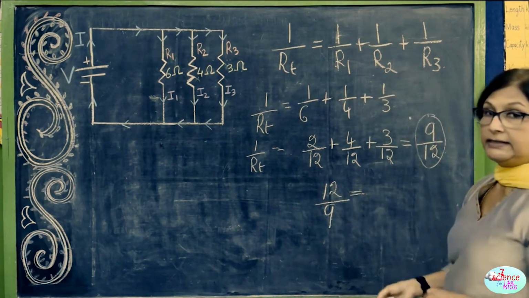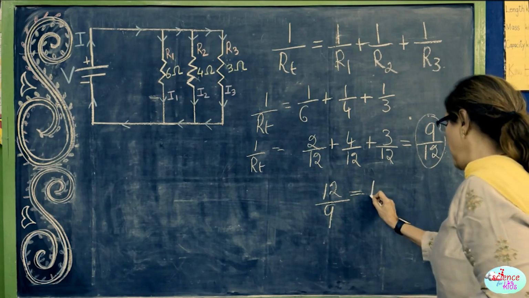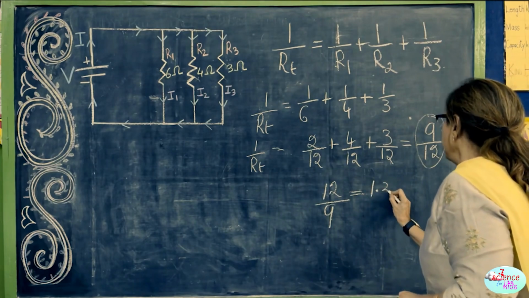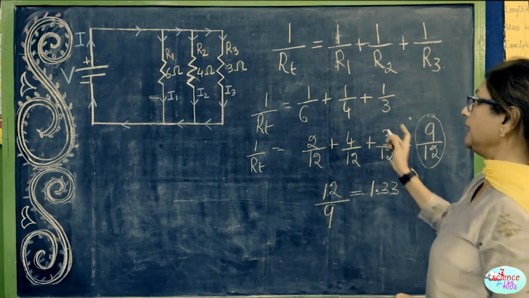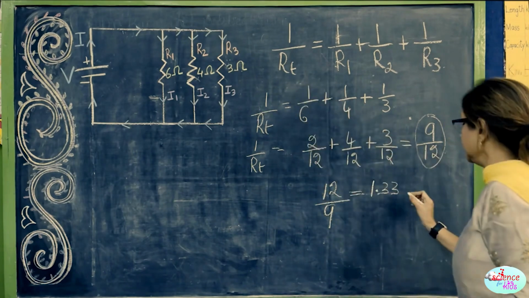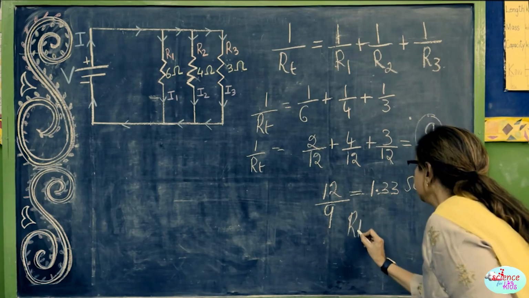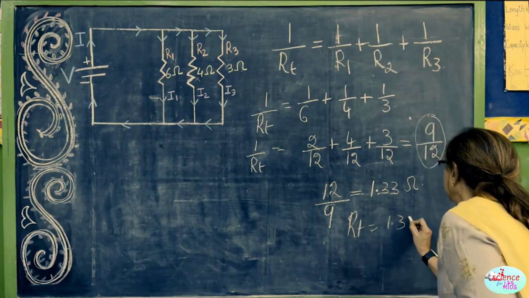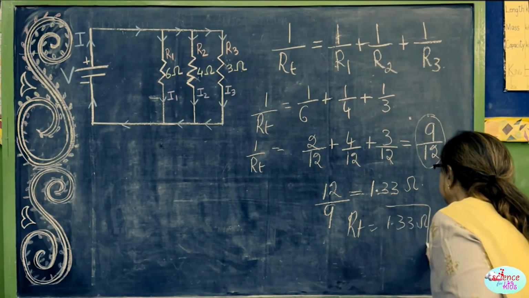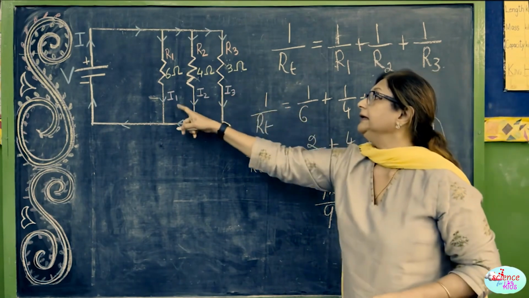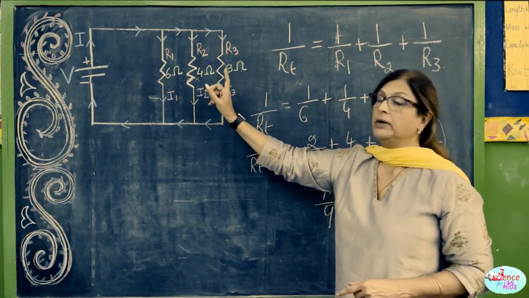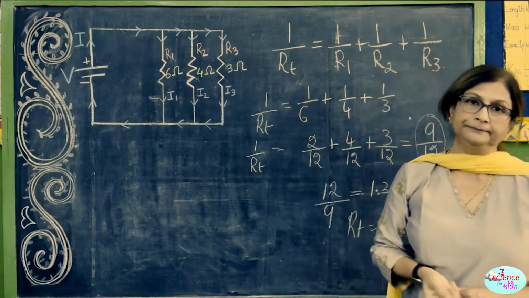And if we calculate it, it comes to approximately 1.33. And the unit for resistance, as you know, is ohms. So the total resistance is 1.33 ohm, the total resistance of these 3 resistors, resistor 1, resistor 2 and resistor 3.